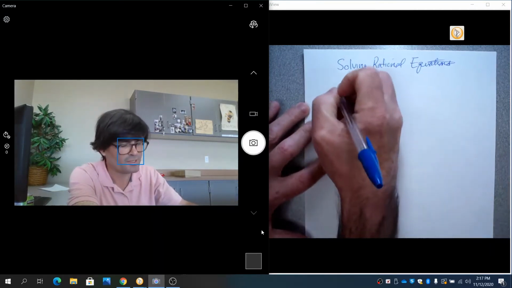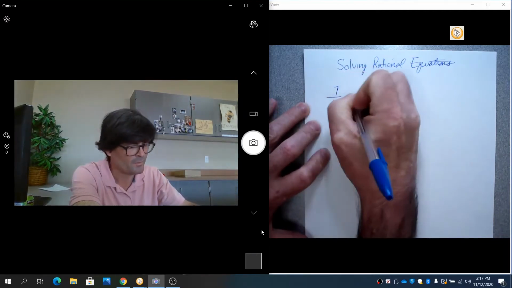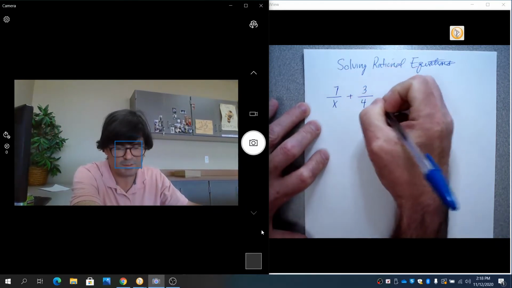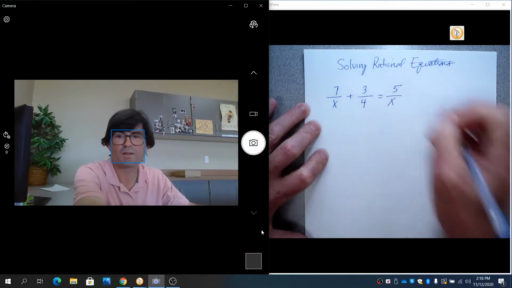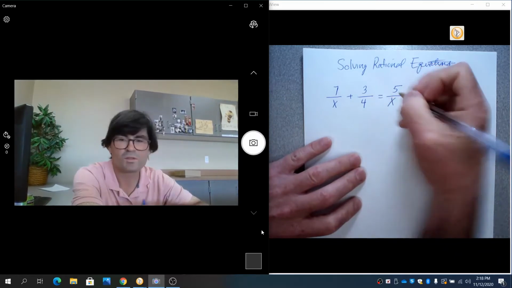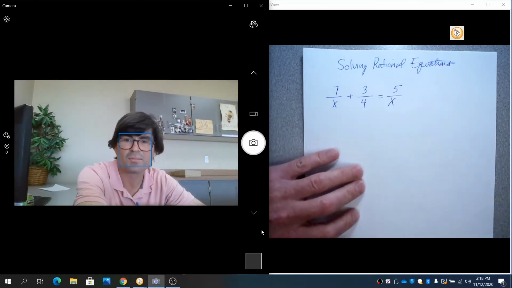Let's start out with just a very basic sort of rational equation. 7 over x plus 3/4 equals 5 over x. There's two ways to solve a rational equation like this.